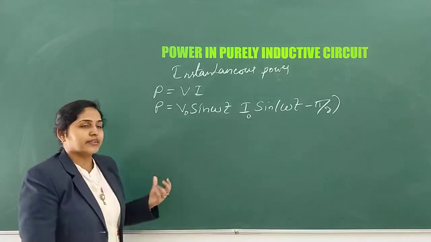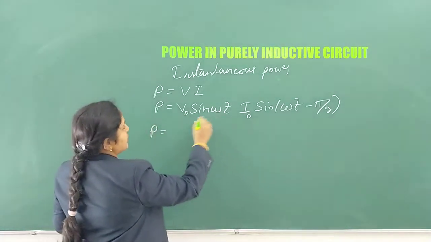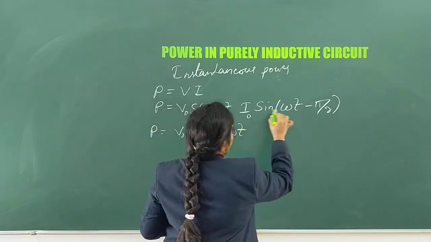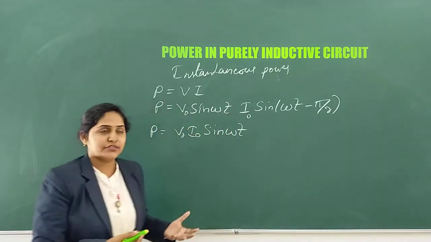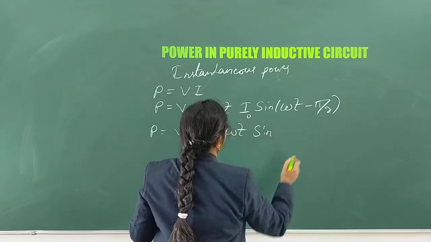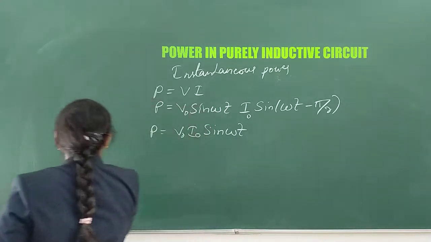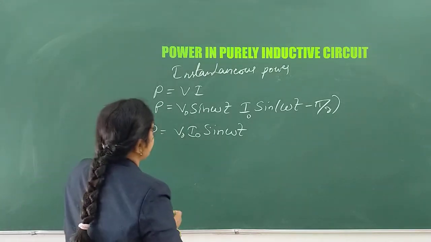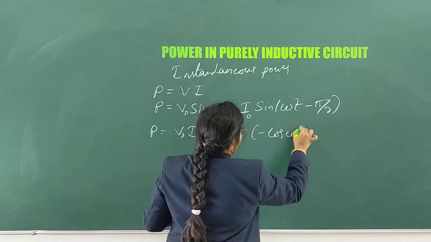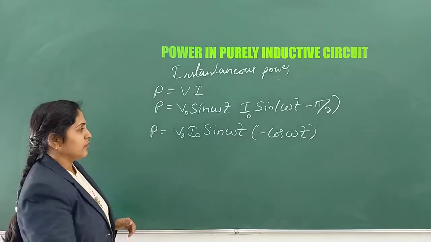Rearranging, we get V naught I naught sin omega t, and sin (omega t minus pi by 2) can be written as minus cos omega t. So it is minus sin omega t into cos omega t.